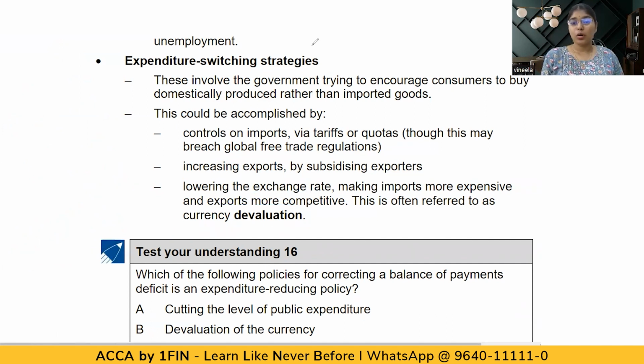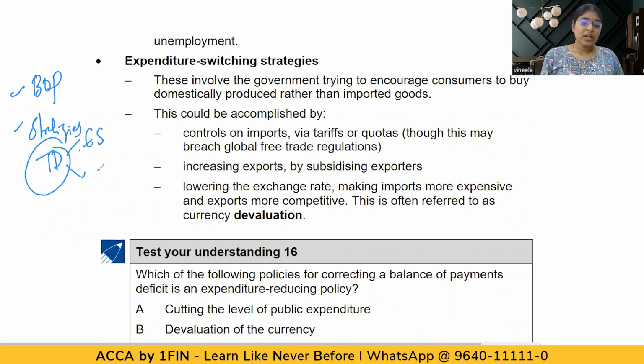So this is the whole concept about balance of payments and the strategies that will reduce your trade deficit in the countries. Nothing but your expenditure switching and expenditure reducing. Balance of payments: current account, capital account, and financial account. Current account is nothing but balance of payments.